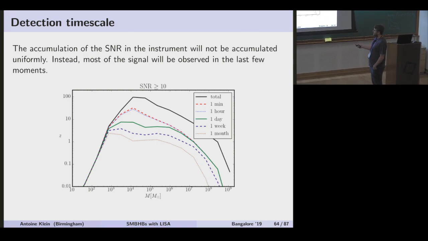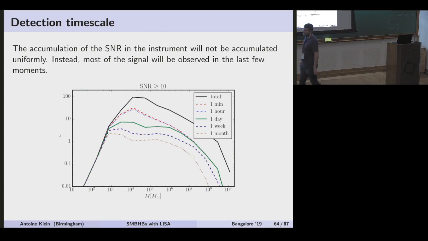So if you see a 10 to the 4 solar mass black hole at redshift 100, that means that the redshifted mass that you observe is 10 to the 6 solar masses. So this is the furthest away that you can see your signals. So that means that 10 to the 6 solar masses, say between 10 to the 6 and 10 to the 7, that's the loudest signals that you observe.